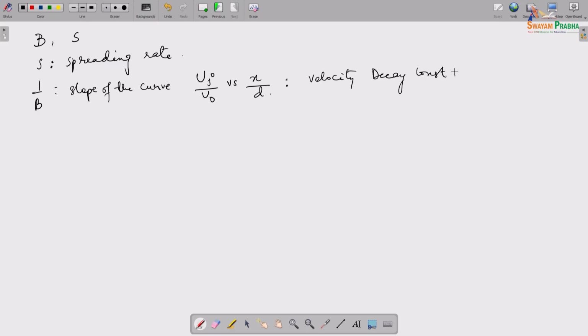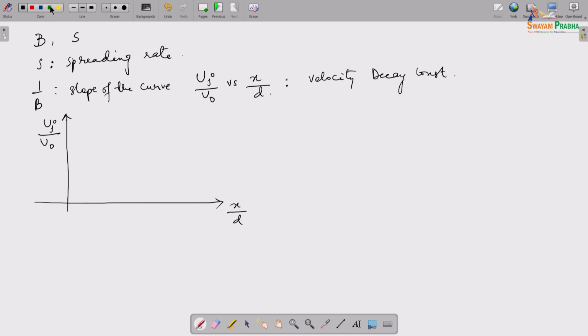This was from an experimental data set which we had. So this is essentially x by d, and this is uj by u naught, the mean central velocity.